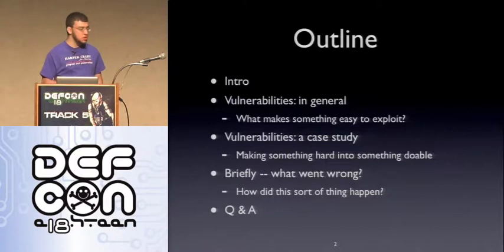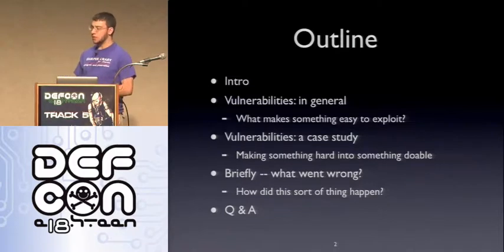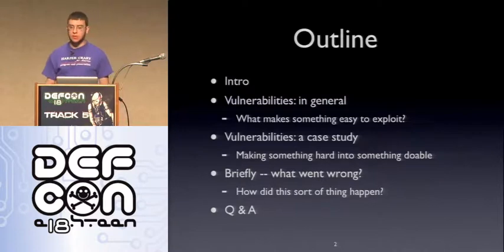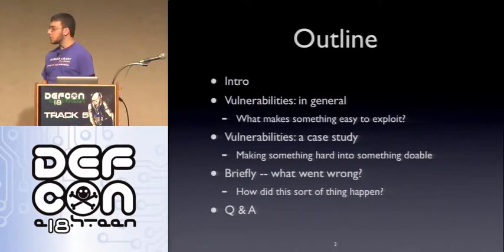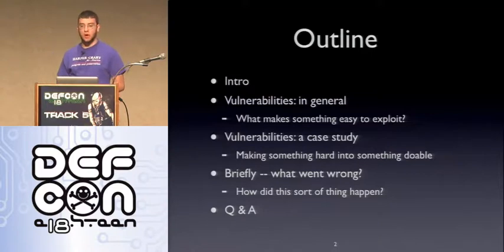For the big one, I'm going to give a case study of taking what I think is a very difficult vulnerability, and I'm going to use these 3 points that I've developed to make something very difficult into something very doable to exploit.